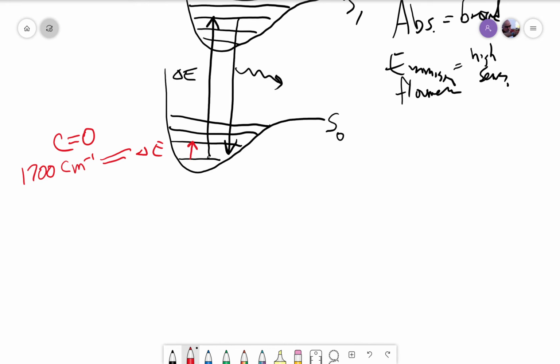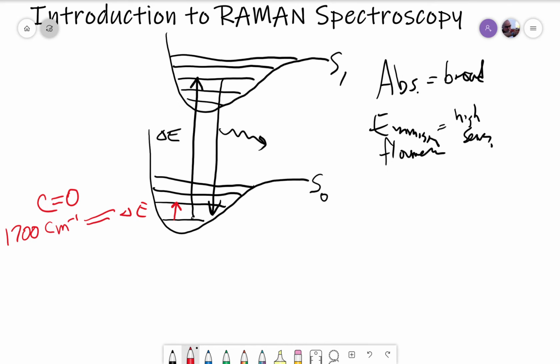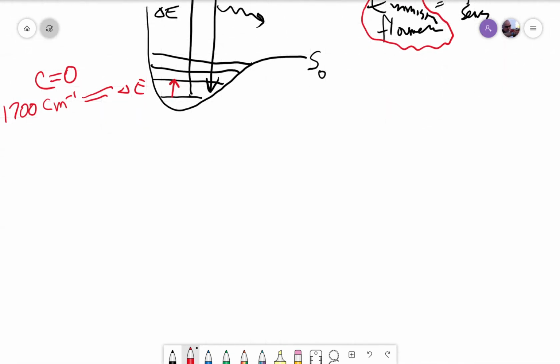But we can start discussing what about the equivalent of a fluorescence technique, which is based on vibrational quanta. And this is the basis of Raman spectroscopy for quantitative analysis, is looking at using the fluorescence technique, which has the specificity of IR vibrational modes.